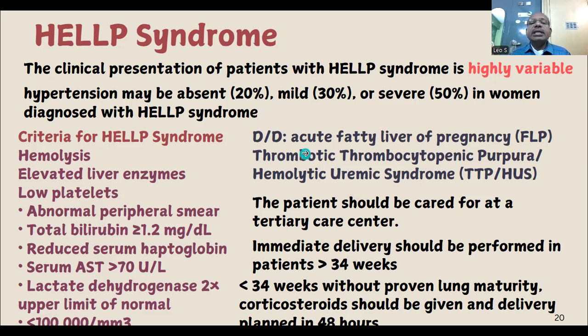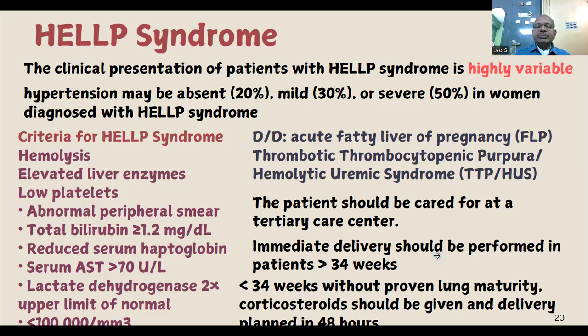The very close differential diagnoses are acute fatty liver of pregnancy, thrombotic thrombocytopenic purpura, and hemolytic uremic syndrome. The patient should be carefully taken care of in tertiary care centers. Immediate delivery should be performed in patients beyond 34 weeks.